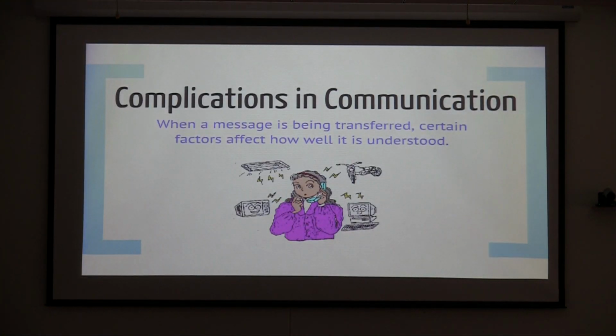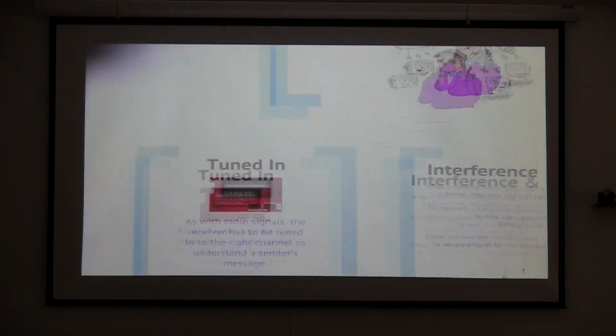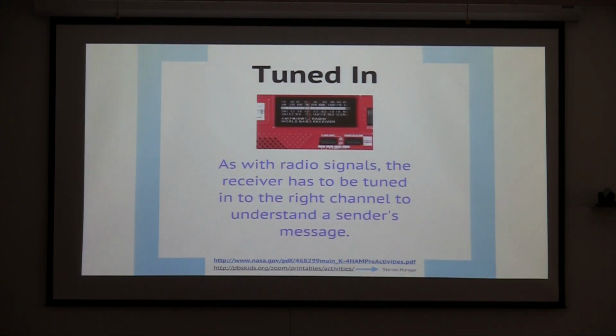But as I was saying with the string can telephone, in order for the message to go from the sender to the receiver and finally the destination, we have to make sure that all different parts of the complications of communication are addressed. So there are certain factors that can affect how well your message is understood. First of all, you have to be tuned in.